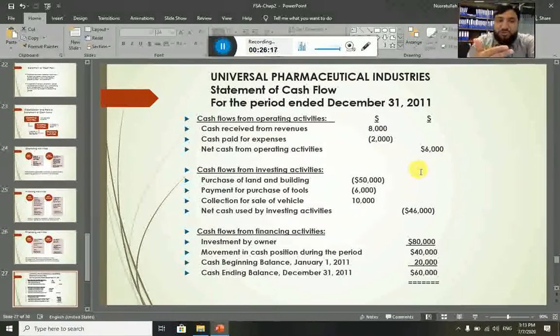Net cash from investing activity is negative 46,000, because minus 50,000 plus 10,000 becomes minus 46,000, which means the outflows are more than the inflows. It means that the business has grown, we have more invested in the business, right?